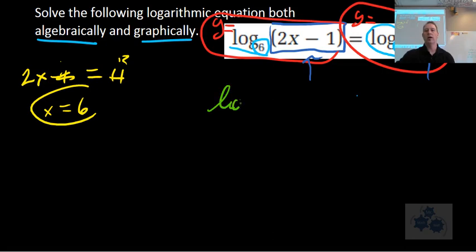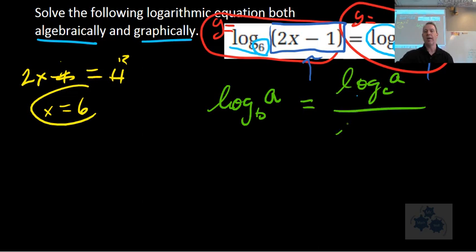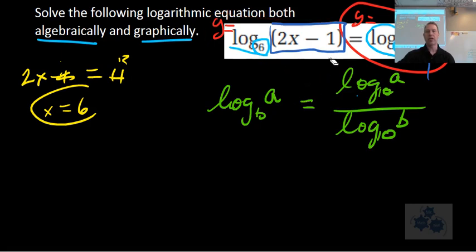The log of a base b can be written as the log of a base c, that's any other base, divided by the log of b with the same base. And if we choose this as 10, let's say, then we can use our calculators with a common logarithm. So we have to keep that in mind when we graph.